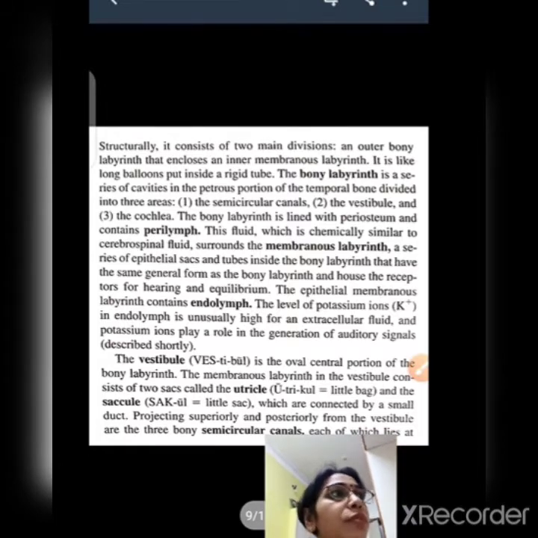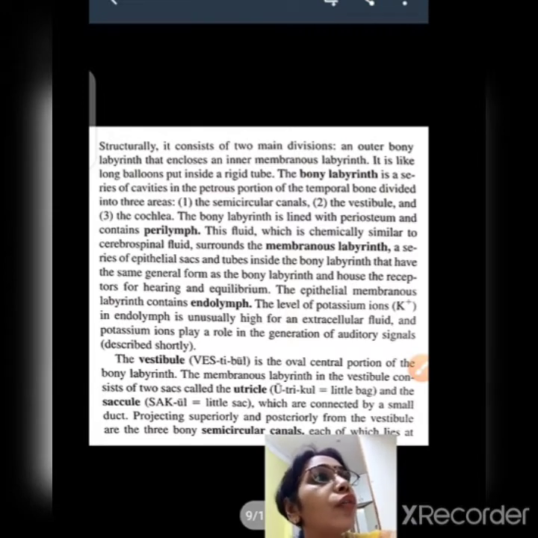There are three semicircular canals. The anterior and posterior semicircular canals are vertically oriented, and the lateral one is horizontally oriented.